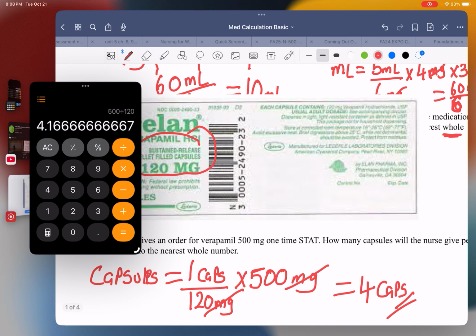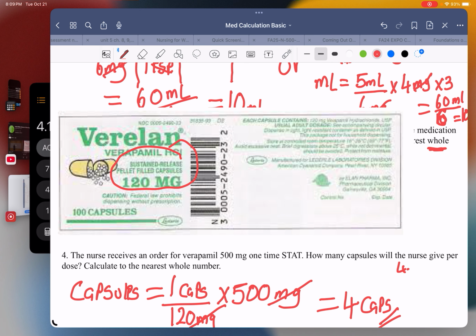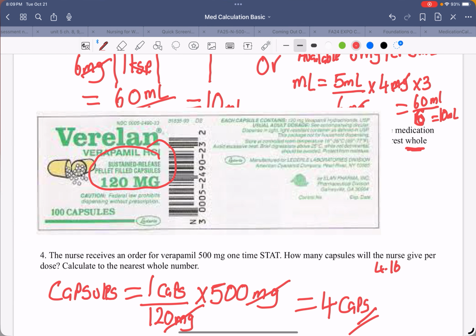But be careful, especially if the question was worded differently. So let's use this as an example. 4.16. For example, if the question asks how many capsules would you need to fulfill this medication, how many would you say? It's not going to be 4, because now you see we've got the 0.16.